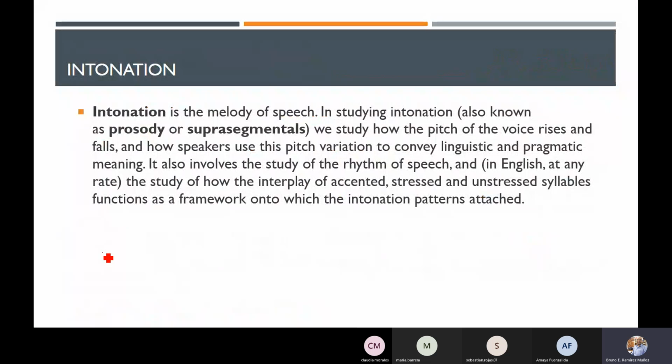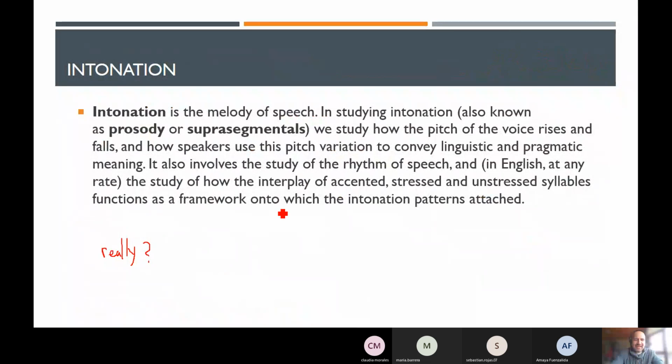For example, if I say the word really, as a question. Let's say we're not having classes next week. Really? I'm expressing surprise, that I can't believe it, right?